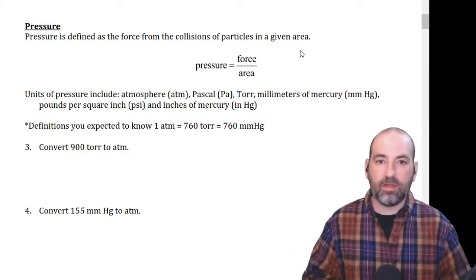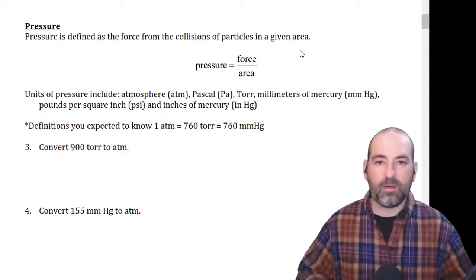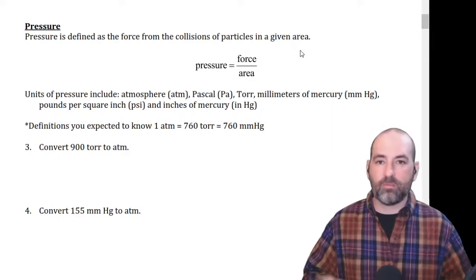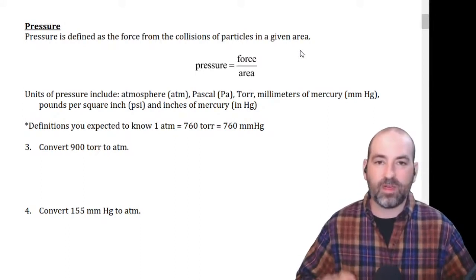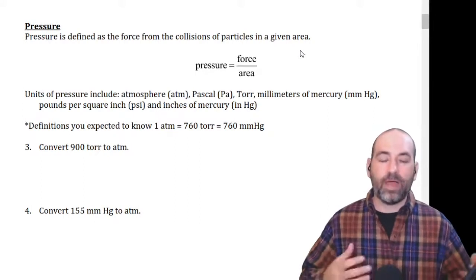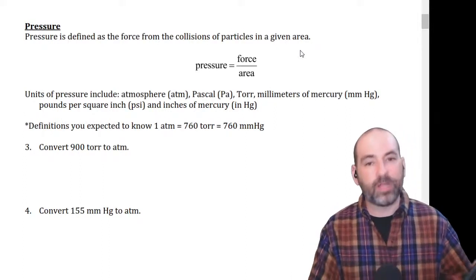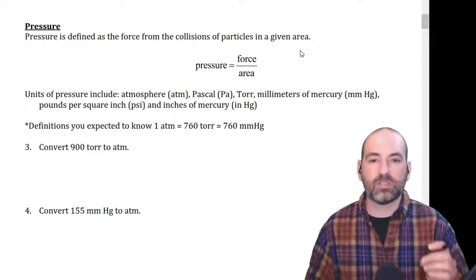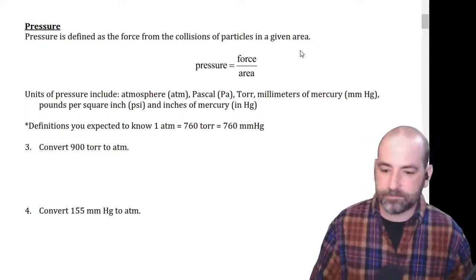So if you have on big flat shoes and you go walk on a wet field, you're probably going to be okay. But if you're wearing shoes with pointy heels, you're probably going to sink in that wet field, right? Because your mass hasn't changed, the force that you're exerting on the earth hasn't changed, but the pressure has changed because now with the skinny heels, the force is over a much smaller area.